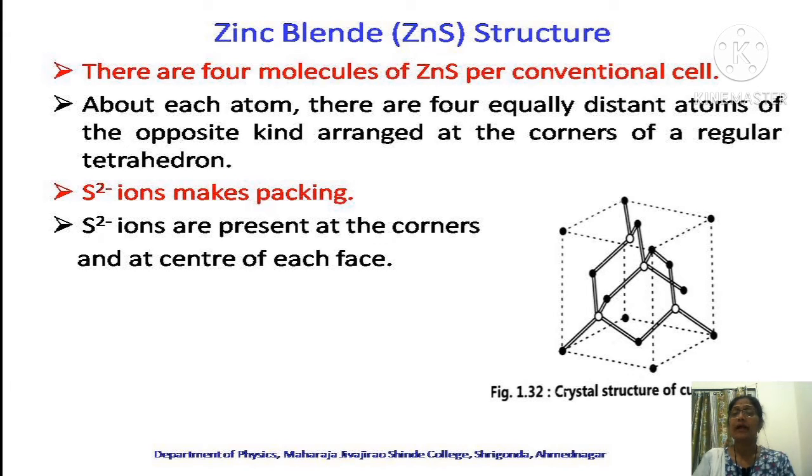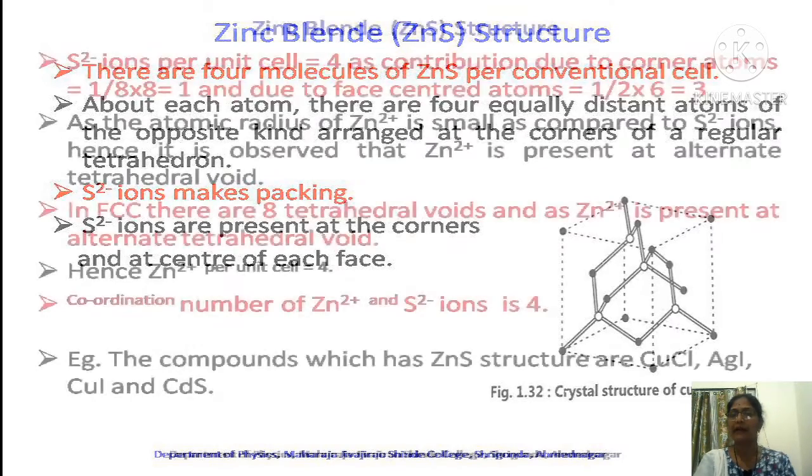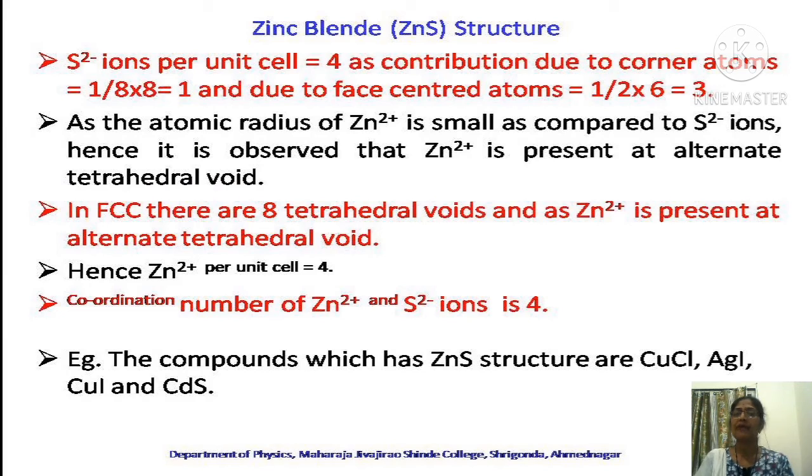Then sulfur ions are making the packing, that's why they are present at the corners and at the face center position. Sulfur ions per unit cell can be calculated by considering their contribution due to the corner atoms and then by face-centered atoms.